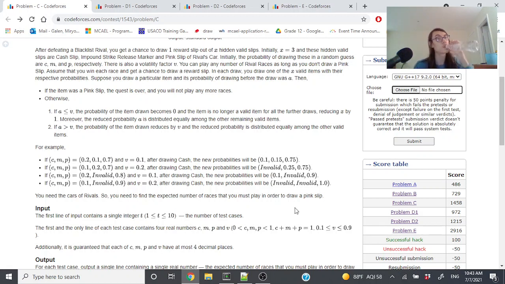What is V? Okay, so it reduces this probability. Reducing X by 1. Okay, that's weird.